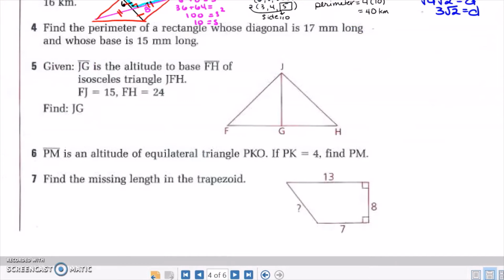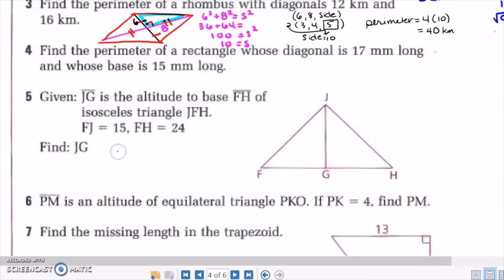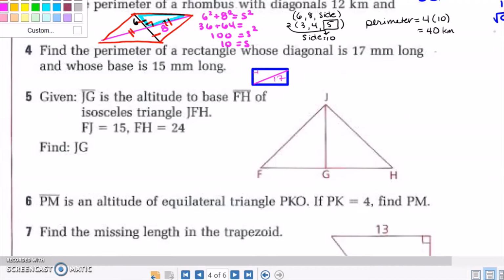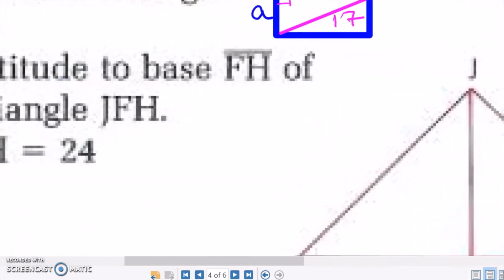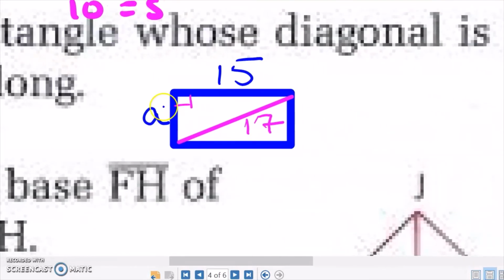On the next example, they're asking me to find the perimeter of a rectangle whose diagonal is 17 and whose base is 15. So when I draw out that rectangle and then label the values that I know, I'm hoping that you remember that that's a special, 8, 15, 17.